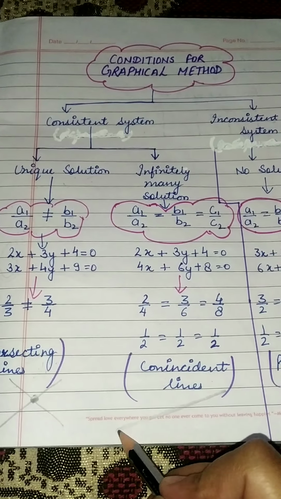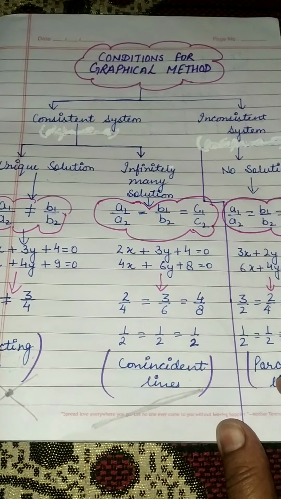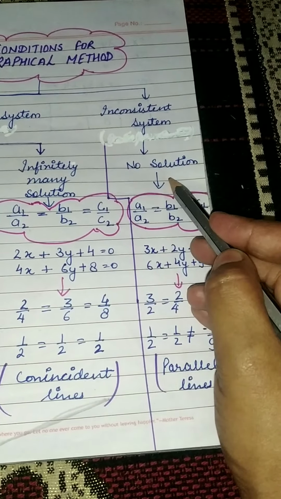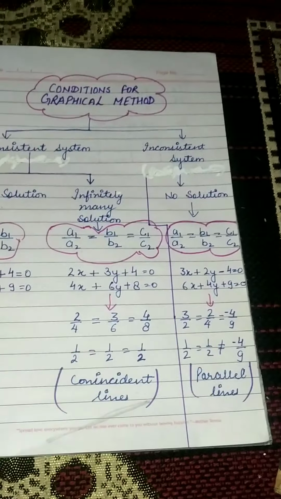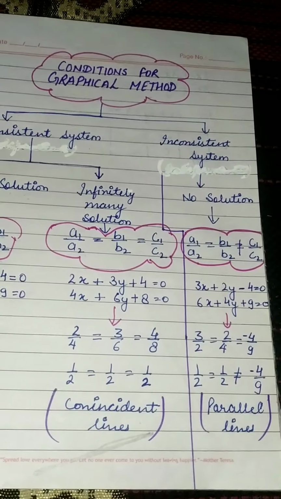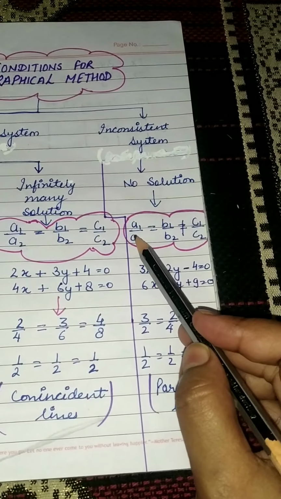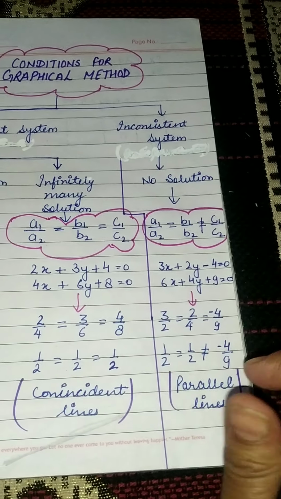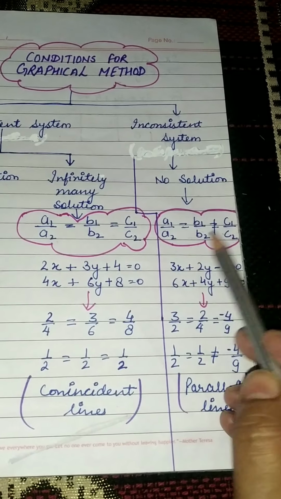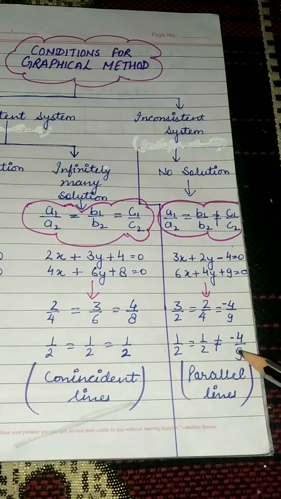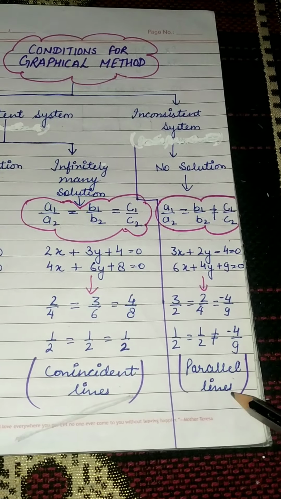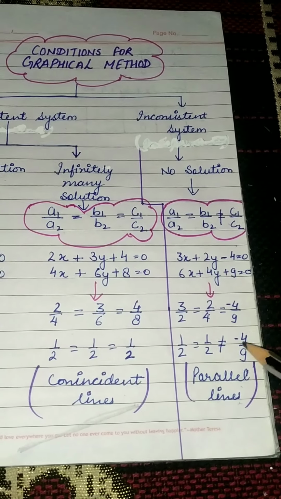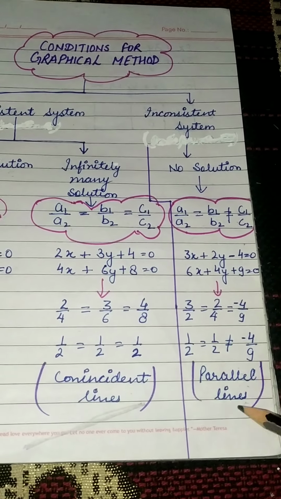Now, no solution: the first two ratios are equal, but the third ratio will not be equal. In that condition, you will say that the lines are parallel.